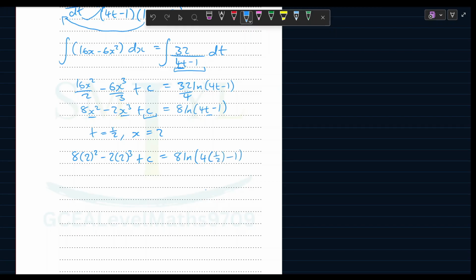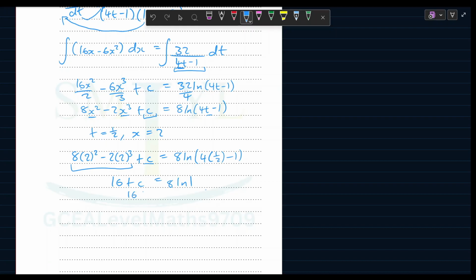Alright, so let's simplify. I'm going to punch this into the calculator. That is 8 times 2 squared minus 2 times 2 cubed, which is 16, plus our constant, is equal to 8 ln (4 times half, so 2, 2 minus 1, 1).